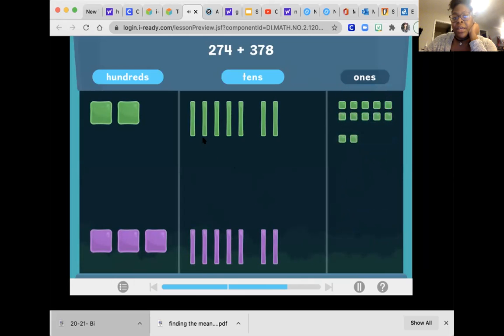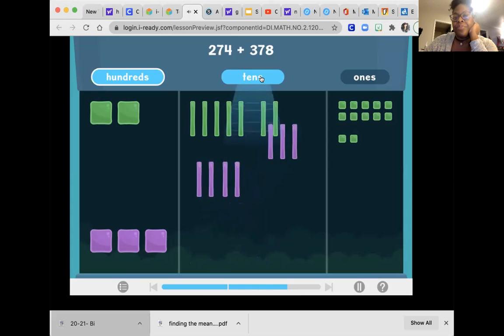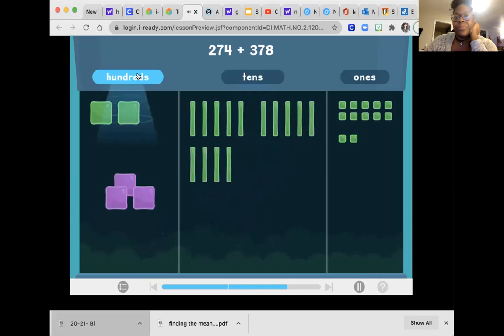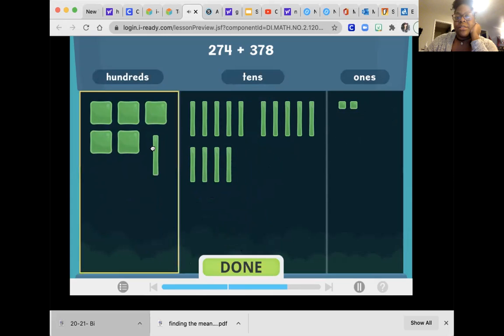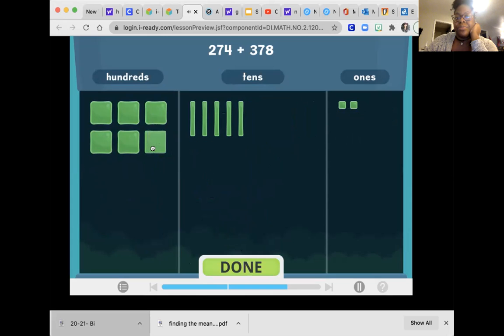Will we end up making 100? 1, 2, 3, 4, 5, 6, 7, 8, 9, 10. Yes, we will. Now the blocks are all together. We already know, make a 10 or 100 if you can. Yes, this is going to make a 10, and yes, this is going to make 100.